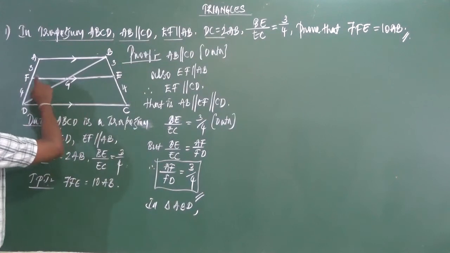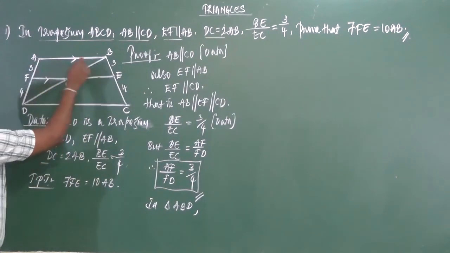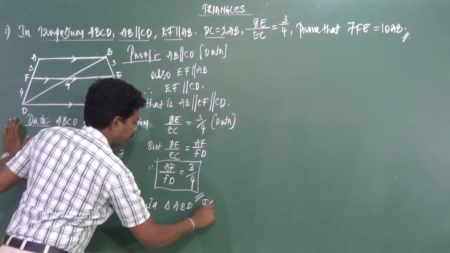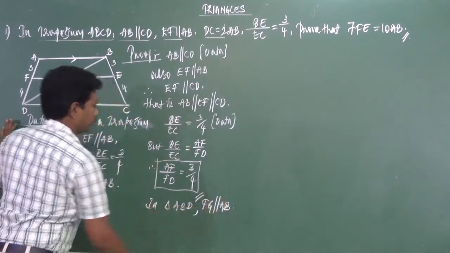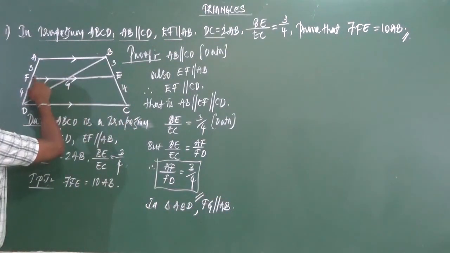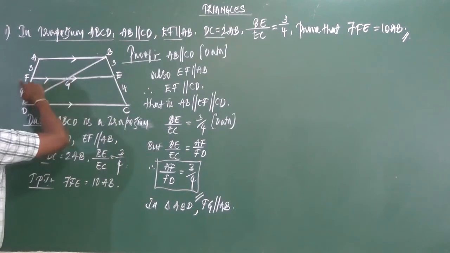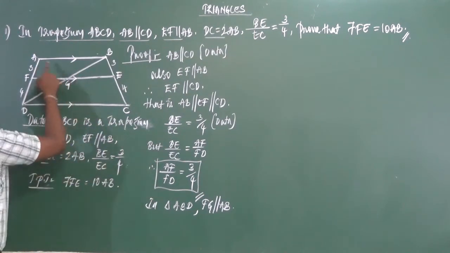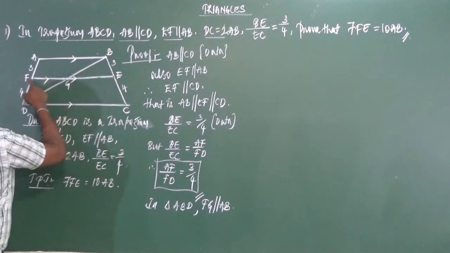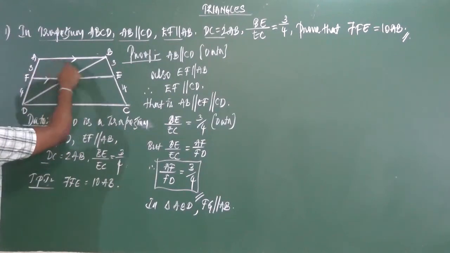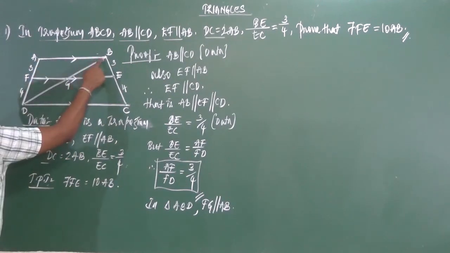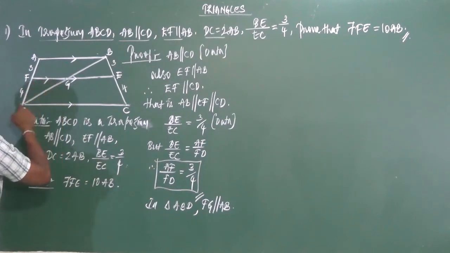So in triangle ABD, FG is parallel to AB. As FG is parallel to AB, we will write the proportionality. In triangle ABD I will take the base, and in triangle FGD I will take the base.